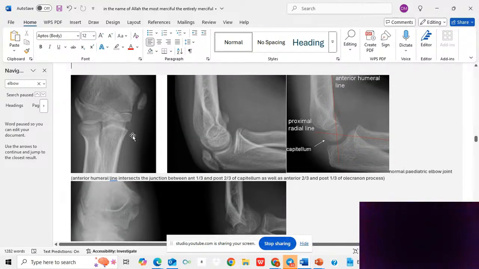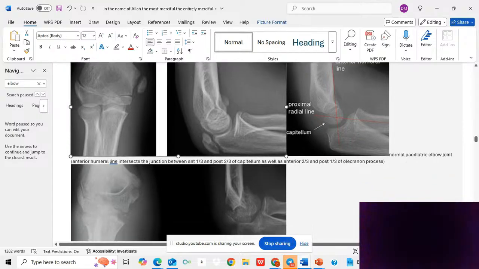So what about the pediatric cases? I've put here the normal elbow joint X-ray of a pediatric patient, so you can see the difference between it and the diseased one or a fractured elbow one.